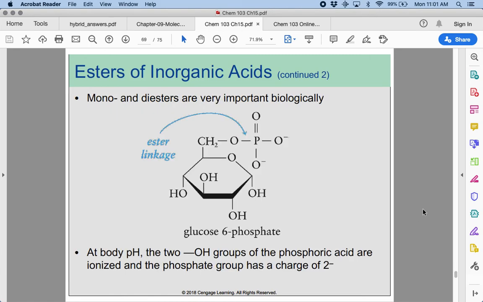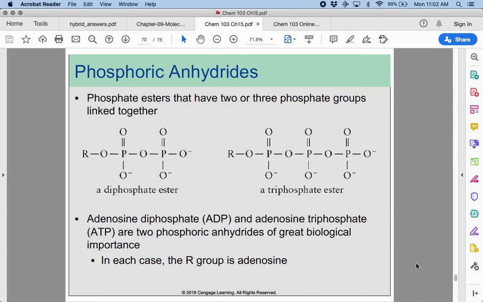So again, I'm not too concerned with you knowing these right now. It's just to expose you to it so that when we do see them again in our biological section, it's not the first time that you're seeing it. This is also really important in the sugar backbone of DNA. So we'll look at that as well. So a lot of these phosphate esters are really just crucial to our biological understanding of chemistry as we get going.